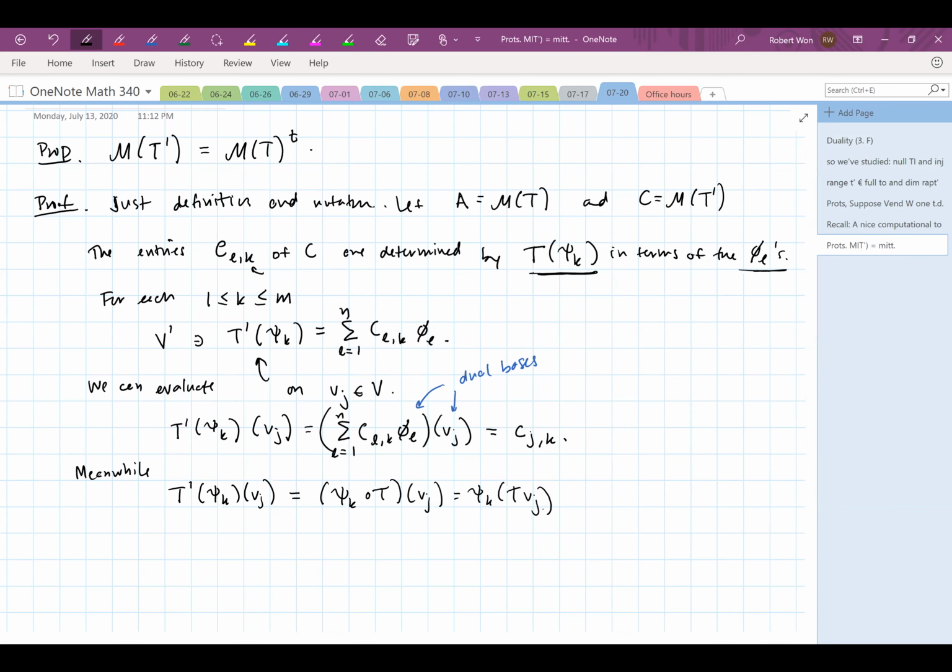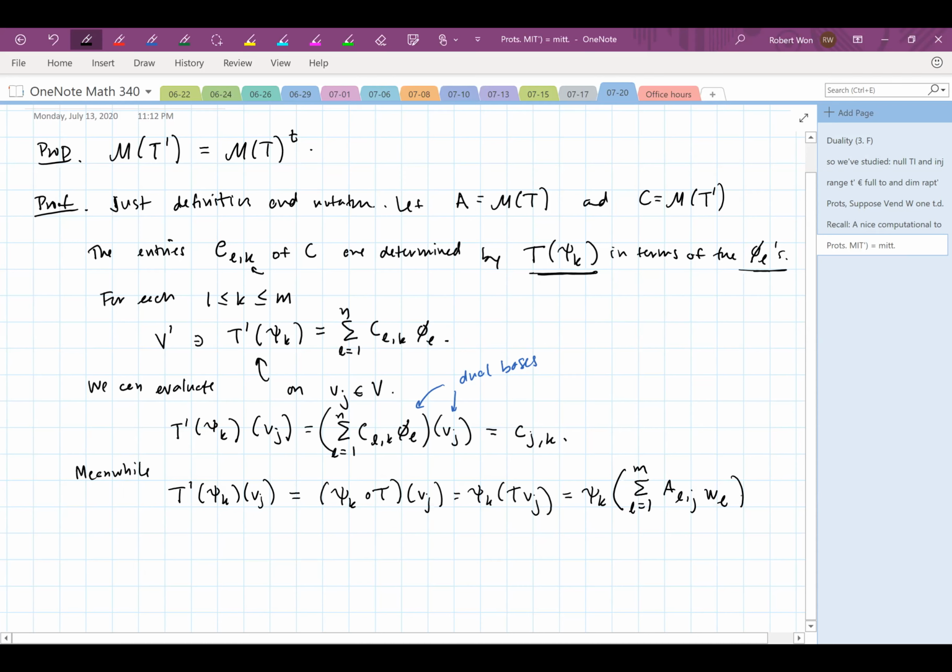Well, T Vj should be captured by the jth column of A. The jth column of A tells you the coefficients in terms of the W's for T Vj. So this is the same thing as psi k of the sum along the jth column of A, times W_L.